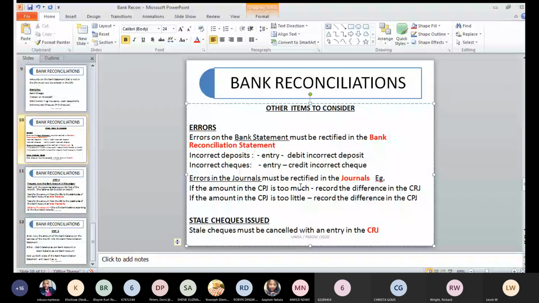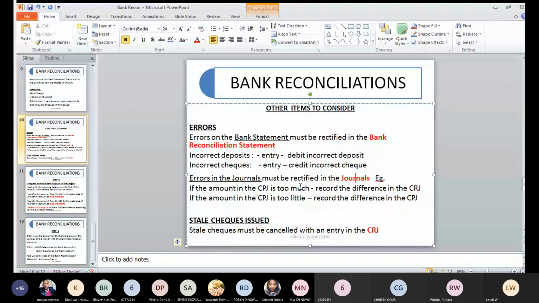Perhaps the check is for 600 Rand, but you have recorded 900 Rand. So you recorded 300 Rand too much. In order to rectify that, you will have an entry for the difference. The difference in my example is 300 Rand, and you will make a 300 Rand entry in your cash receipts journal.